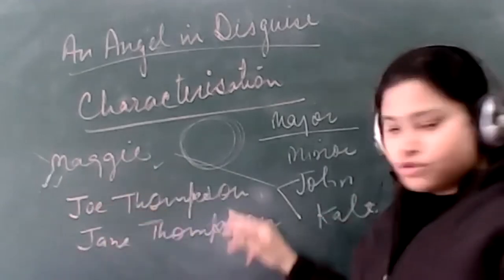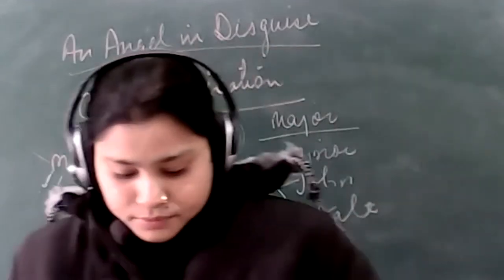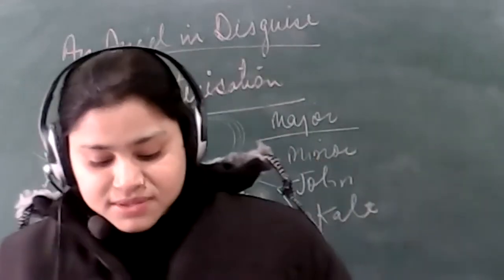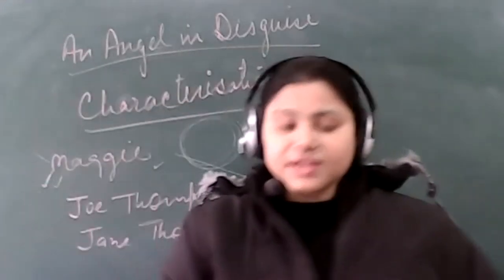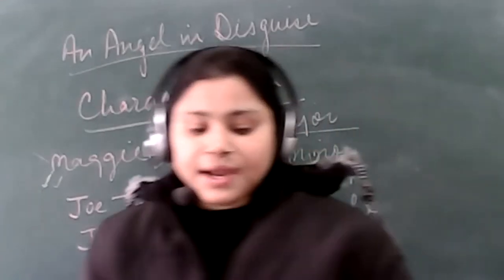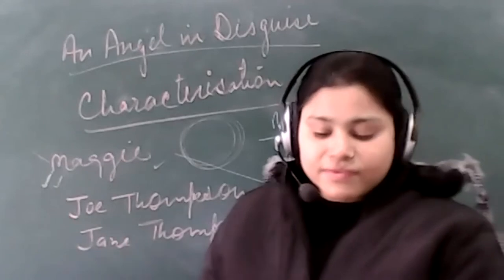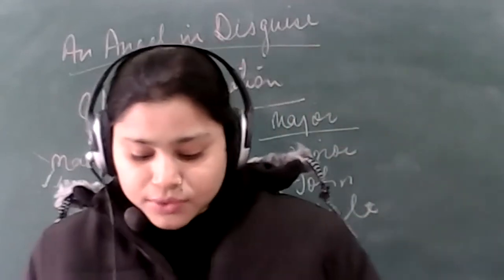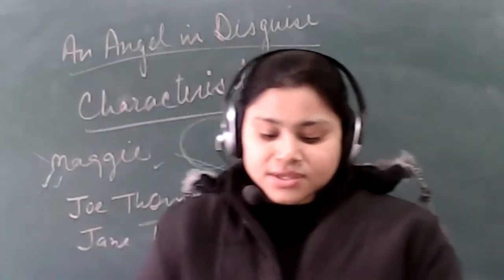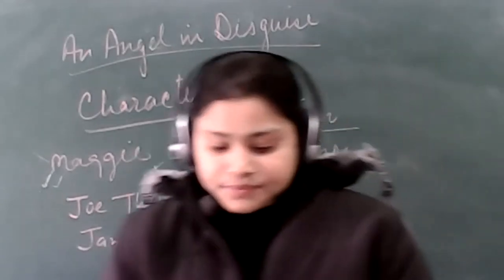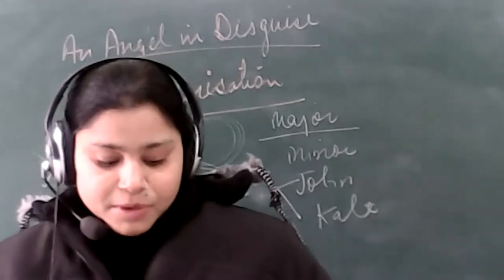We are talking about Joe Thompson. Okay. Joe Thompson was an intuitive man who was aware of women's nature in general, but his wife's feelings in particular. He knew that his childless wife, who had become ill-tempered and selfish over the years, would not like the idea of keeping Maggie in their house.